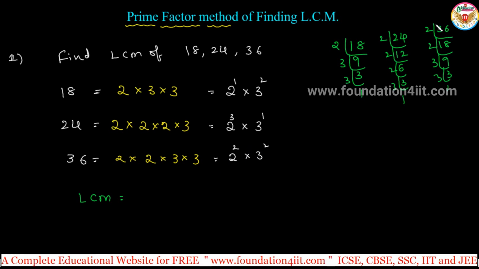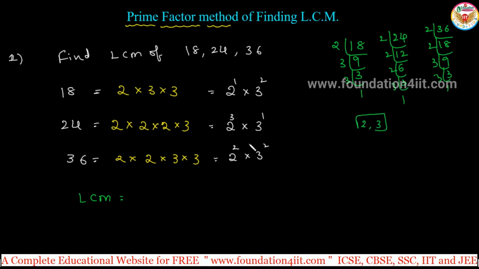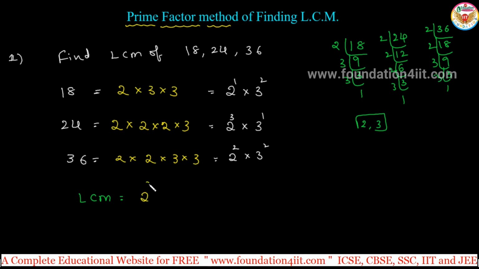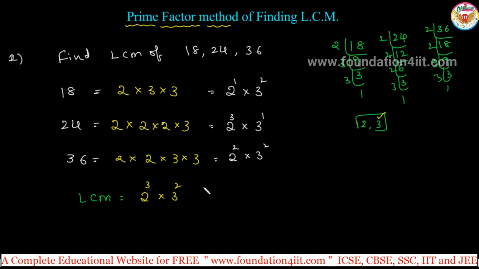So here in these numbers, only 2 and 3 are the prime factors. For 2, the powers are 2 power 1, 2 power 3, 2 power 2. The highest is 2 to the power 3. And 3 is the next prime factor. The powers are 3 power 2, 3 power 1, 3 power 2. So the highest is 3 to the power 2.